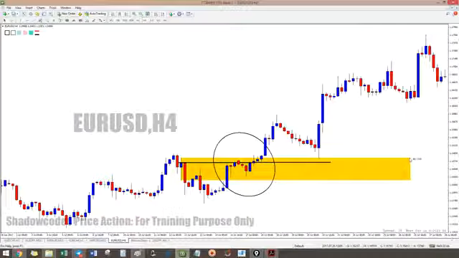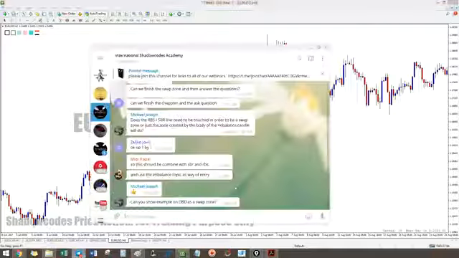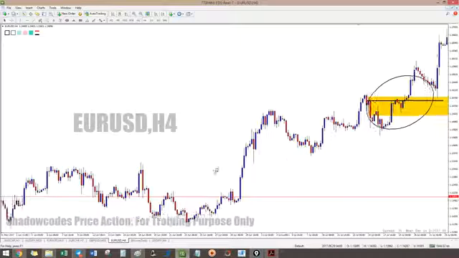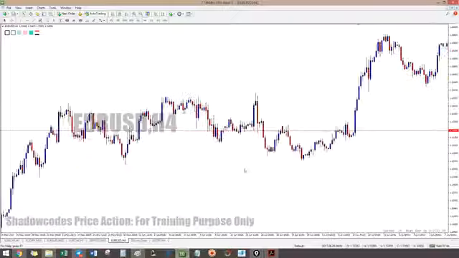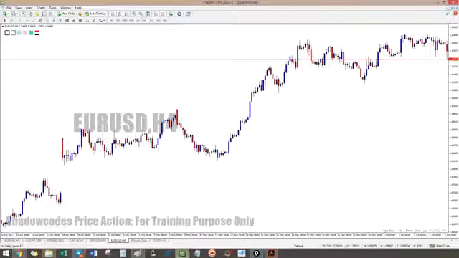And then we have an entry here at the swap zone of this one. Am I answering the question? Or do you want more examples? Let's find more examples of drop base drop becoming the swap zone.